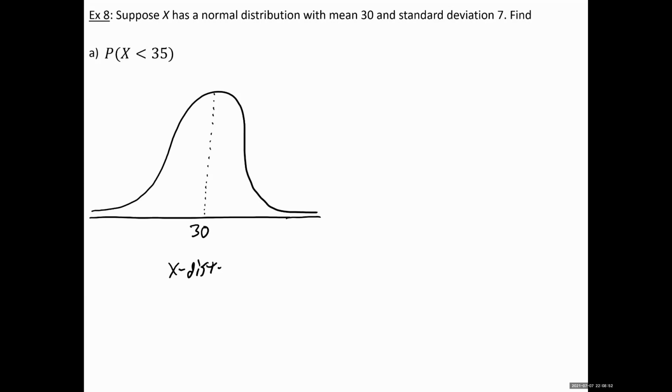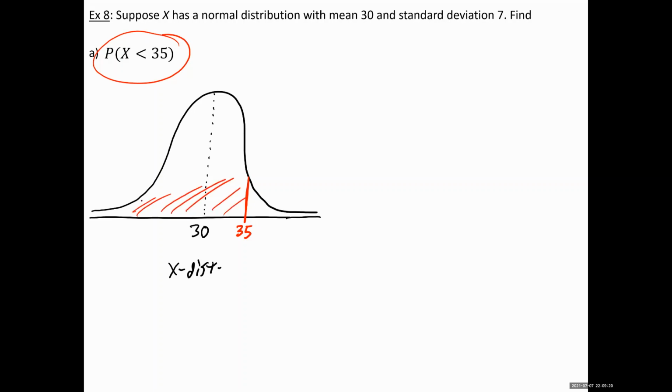All right, now let's keep drawing the picture. So the number that's in the problem is 35. Because 35 is bigger than 30, you put it on the right of 30 somewhere. Put a tick mark, put 35. Go up to the curve. And now, which side am I going to shade? Look at this. It says probability X less than 35. Which side of 35 am I going to shade? The left. Because it says less than 35. You shade over the numbers that are less than 35. The numbers less than 35 are on the left of it.